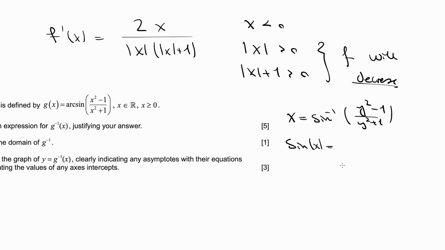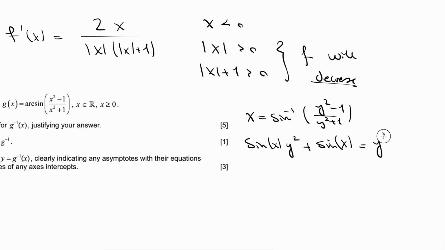Okay, this is easy, I think. Is it? Did I just jinx it? Okay. I'll move this to the left. So sine of x y squared plus sine of x equal to y squared minus 1. And then I'll move the y squared to the left. So that'll be y squared 1 minus sine of x minus 1, right?